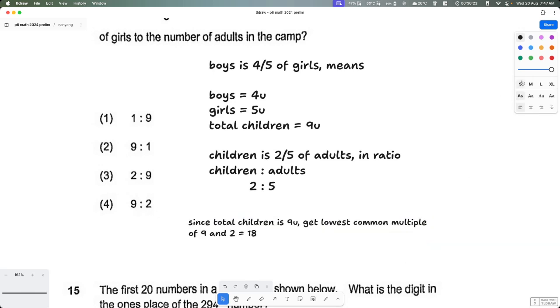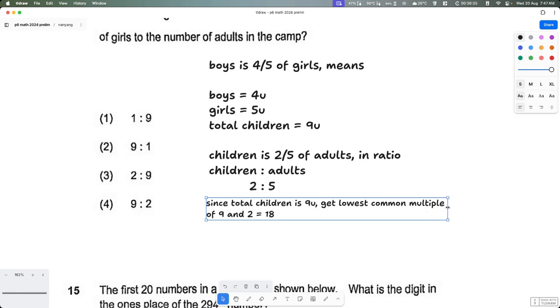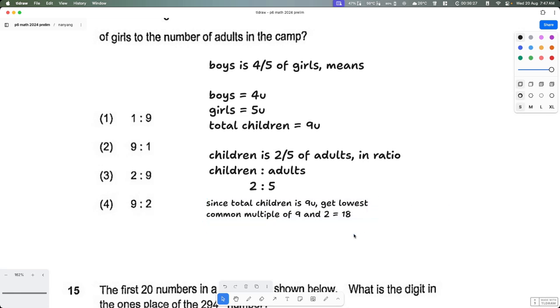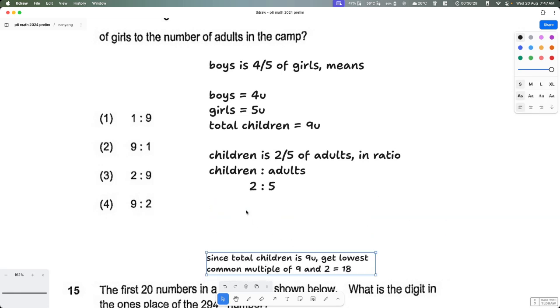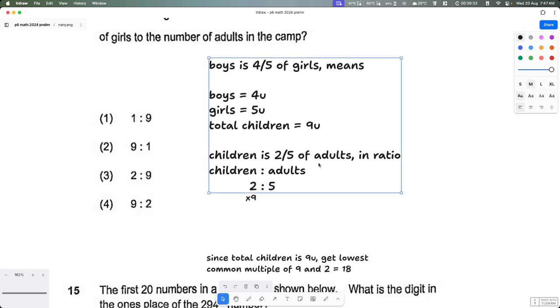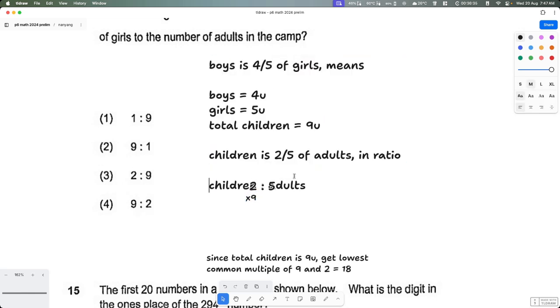Right, so let me just make this small. So that means we will just multiply this by 9. Okay, so times 9. And then we have, let me just add this over here. Okay, 2/5 times 9. So we times 9 here as well. So that means this will then become 18 out of 45.